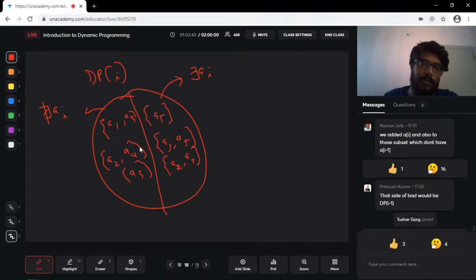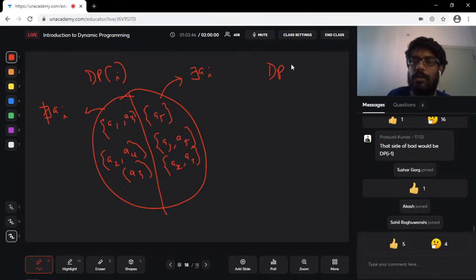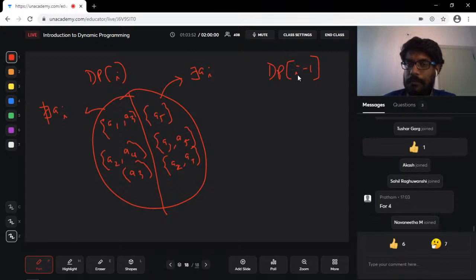Do you see that this bag is exactly the bag that we considered when we were looking at dp of i minus 1? Because what is this? These just contain all the valid subsets of a1 to ai which don't contain ai.